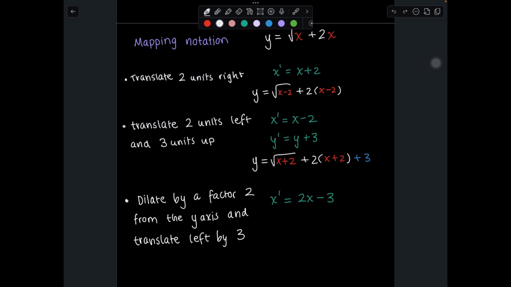So to dilate by a factor of 2 from the y-axis, you replace every single x value with a half x. And then left by 3 is when you then replace every single x value by x plus 3.